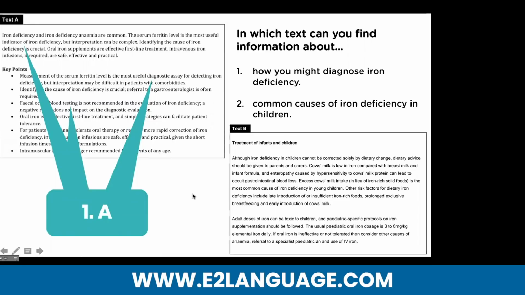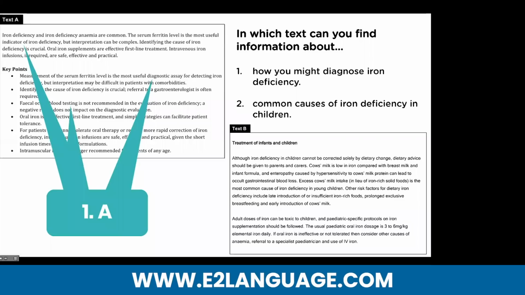So, in which text can you find information about how you might diagnose iron deficiency? Well, it's littered through text A. So the answer to number one is A. Okay, and on test A, on your answer sheet, you would write A next to number one.